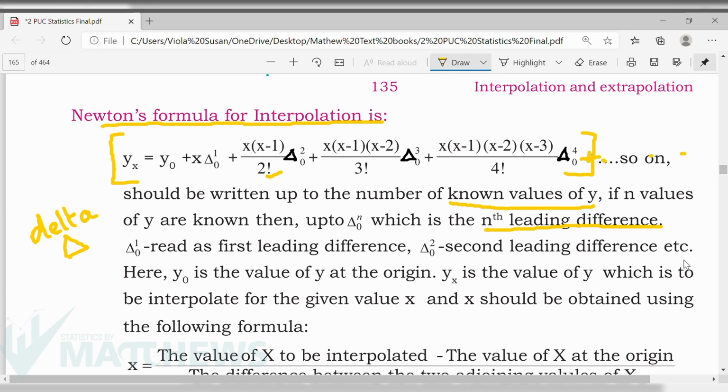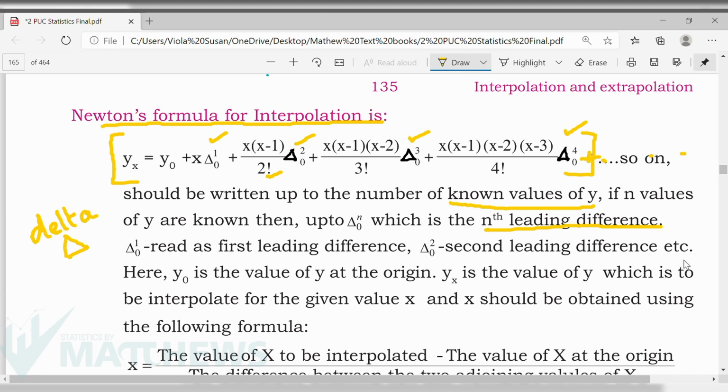Δ^1 y_0 is the first leading difference, Δ^2 y_0 is the second leading difference, Δ^3 y_0 is the third leading difference, and Δ^4 y_0 is the fourth leading difference, students. That is why this method is called Newton's advancing difference method.